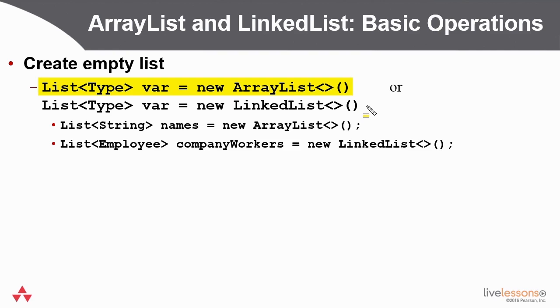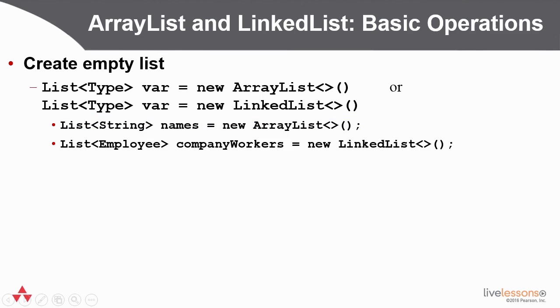Now, there are lots of things new here. There's a lot of pieces of syntax that we haven't seen before, so we need to look at them one at a time. The first question is, why did we use the word List here, yet the word ArrayList or LinkedList on the right-hand side? So for example, we could say we have a list that can only contain strings. We'll name the variable names, and we'll make it an ArrayList.